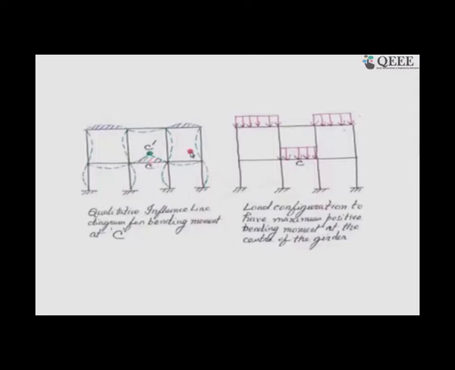If so, you can easily identify that this is the sagging moment effect, because the moment you apply the unit load in the sagging direction, if this is positive, this will also be positive, this will also be positive. This is giving the qualitative influence line diagram for this frame.